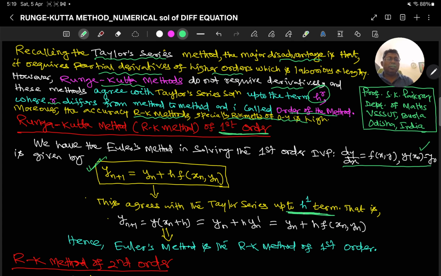That means your Taylor series is y x n plus h is y n plus h y dash x n, right? So now y dash is what? h f x n y n. So this Runge method of order 1 agrees with the Taylor series up to the power of h to the power 1, right? Hence the Euler method is known as the Runge method of first order, right?